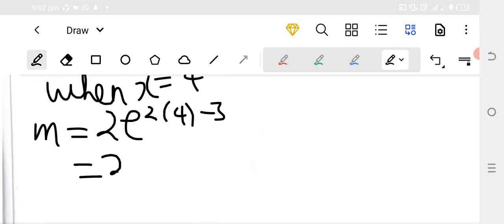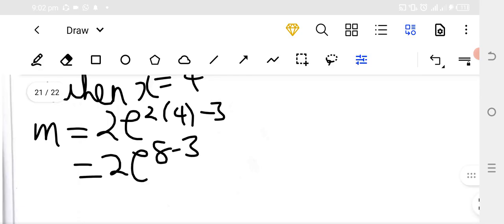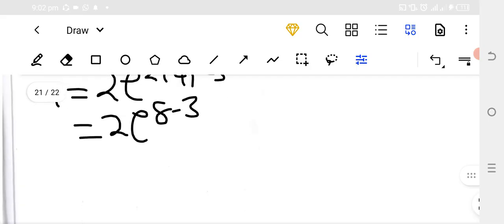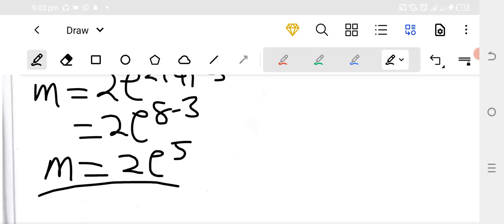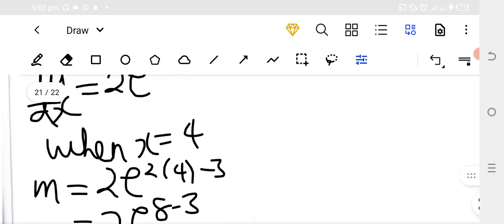Which is going to give you 2e to the power 8 minus 3, equal to 2e to the power 5. So your gradient for the first curve is 2e to the power 5.